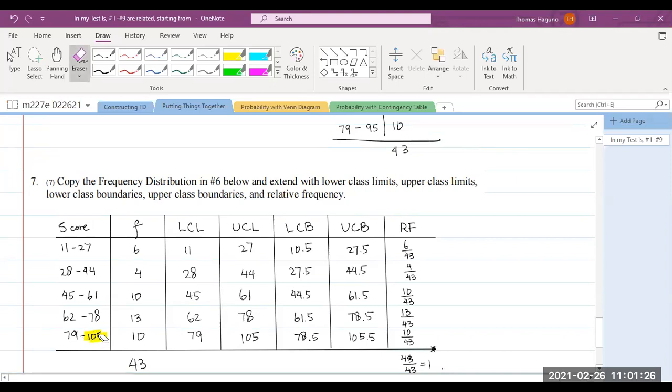I added wrong, sorry. I copied it wrong. So 95 here. This is 95.5. Is it okay right now?